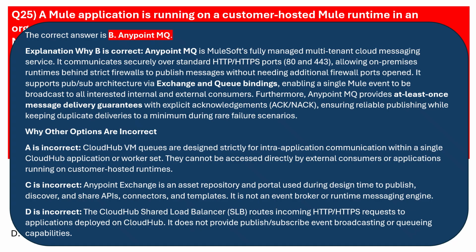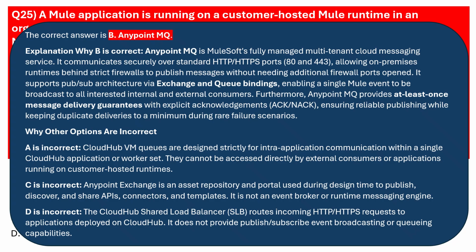Anypoint MQ. Explanation why B is correct. Anypoint MQ is MuleSoft's fully managed multi-tenant cloud messaging service. It communicates securely over standard HTTP/HTTPS ports, 80 and 443, allowing on-premises runtimes behind strict firewalls to publish messages without needing additional firewall ports opened.